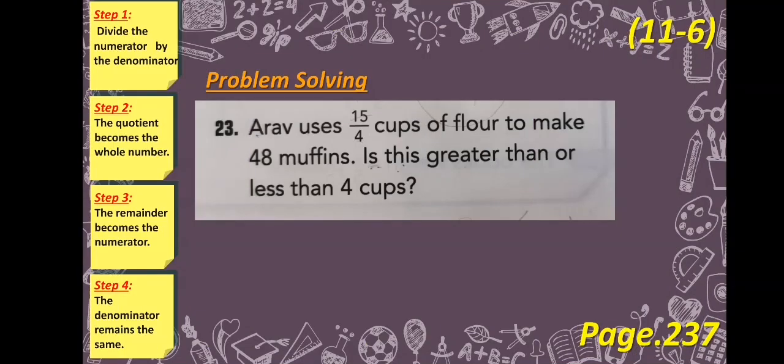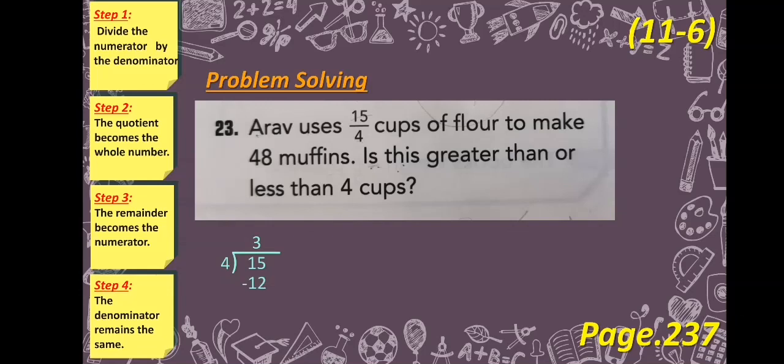number 23. Araf uses 15 over 4 cups of flour to make 48 muffins. Is this greater than or less than 4 cups? In order to know how many cups are in 15 over 4, I have to write it as a mixed number. Let's divide 15 by 4. 15 divided by 4 equals 3. 3 times 4 equals 12.